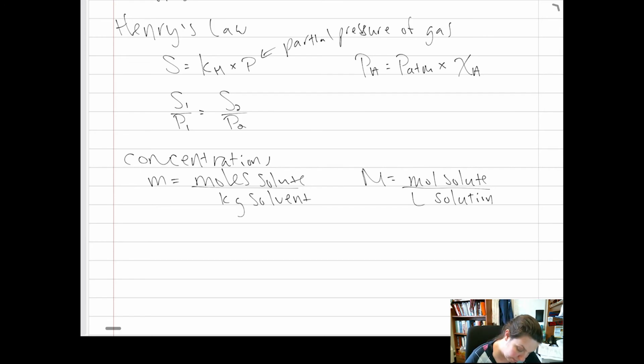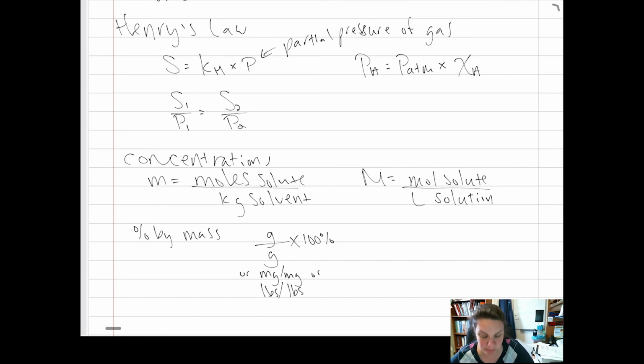We have percent by mass. This is a mass unit over another mass unit, the same mass units, times 100%. So this could be grams over grams, or milligrams over milligrams, or pounds over pounds. It doesn't matter.